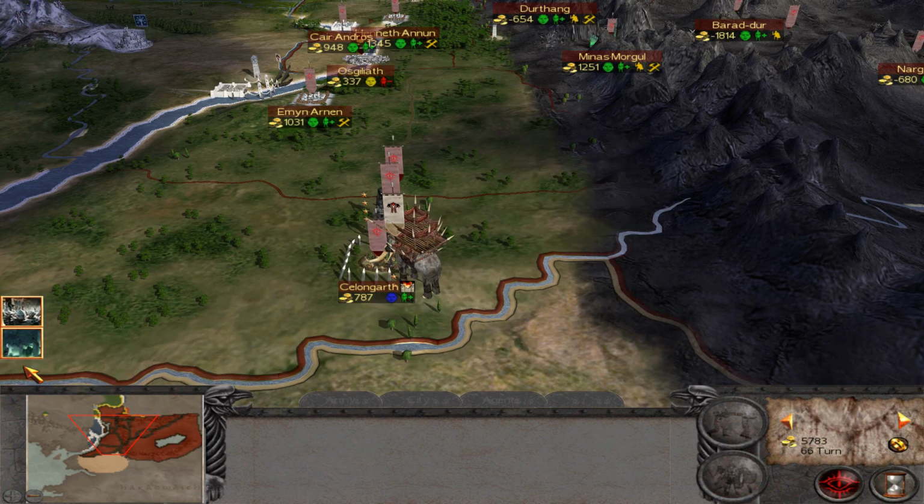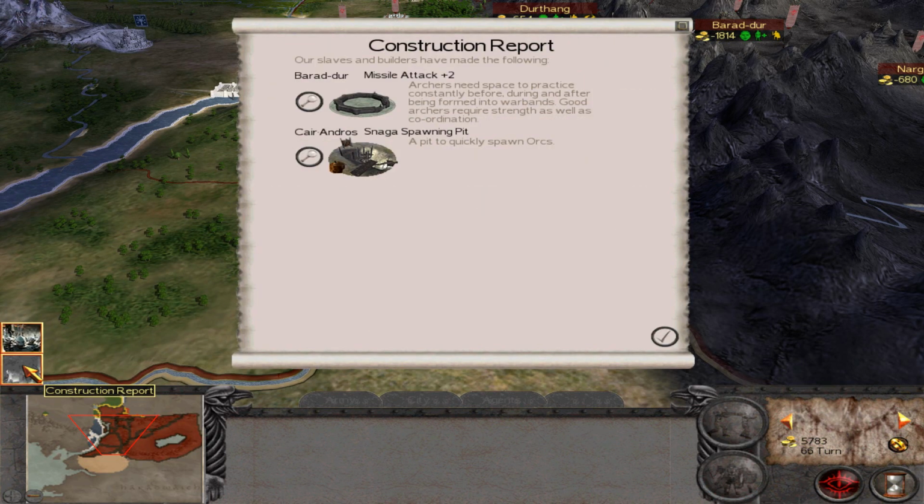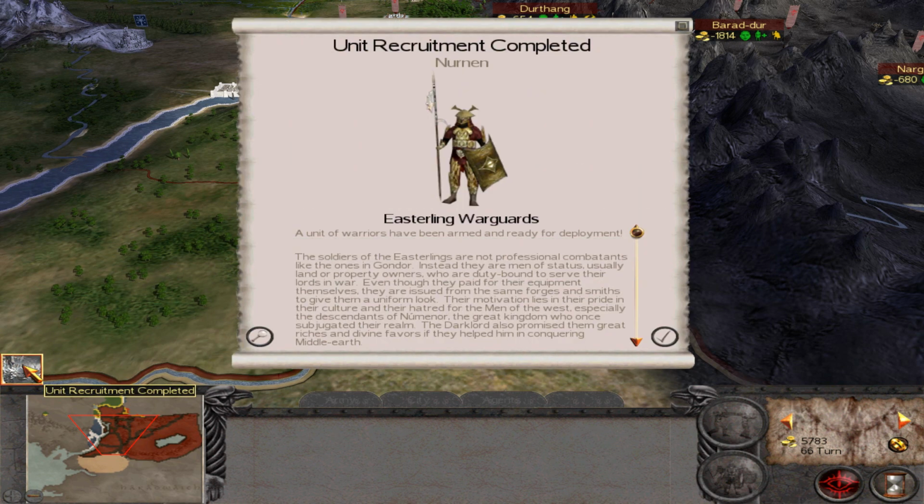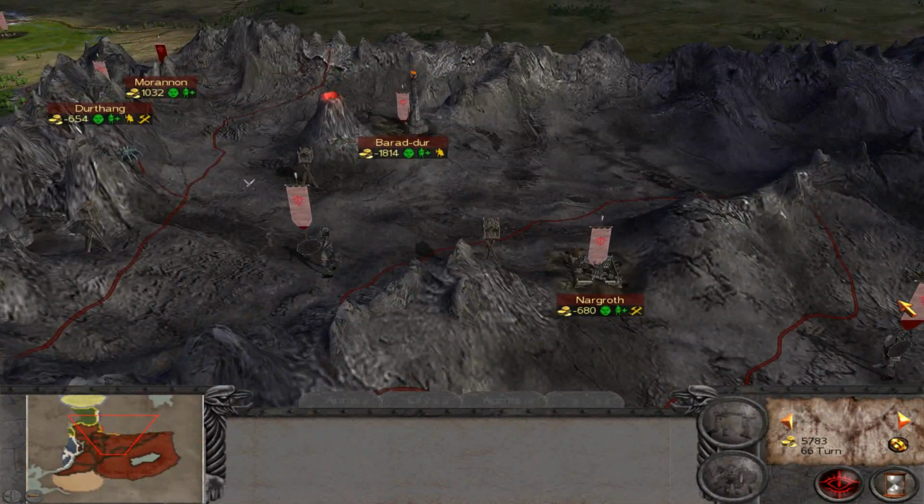End of turn report. Construction report. So a missile attack +2 in Barad-dûr capital, and a Snaga spawning pit in Caranros. Unit recruitment complete. We have Eastling war guards in Nurnen. Okay.